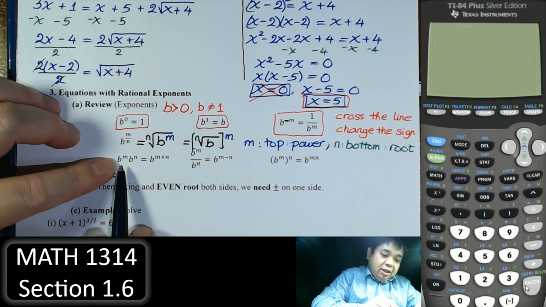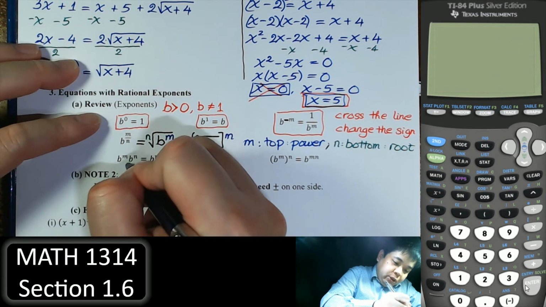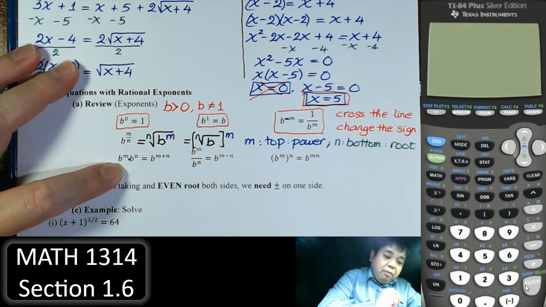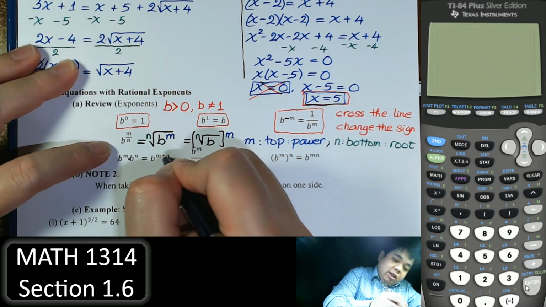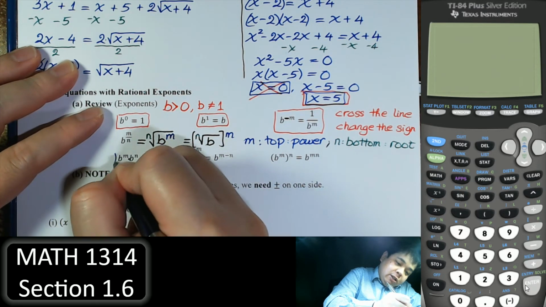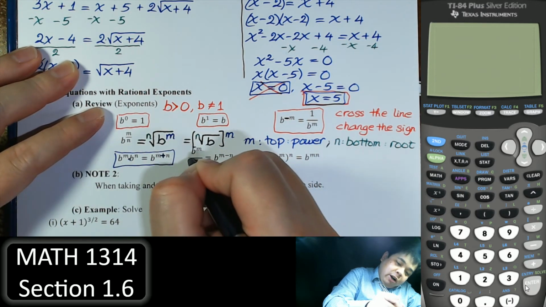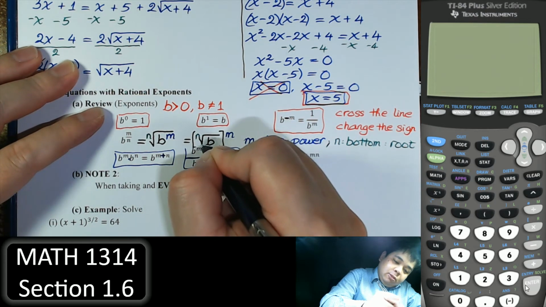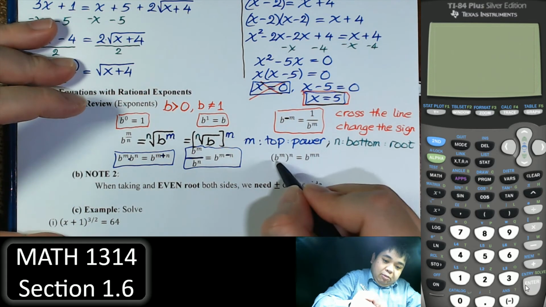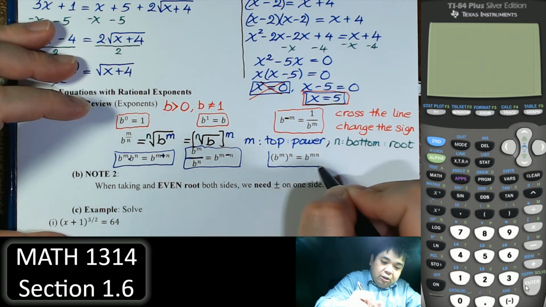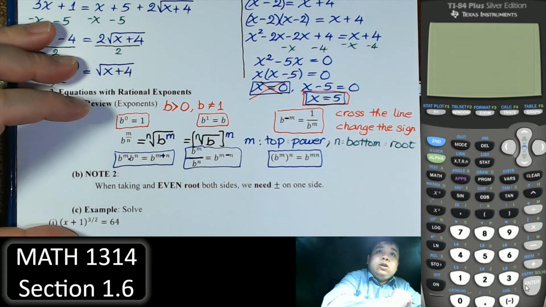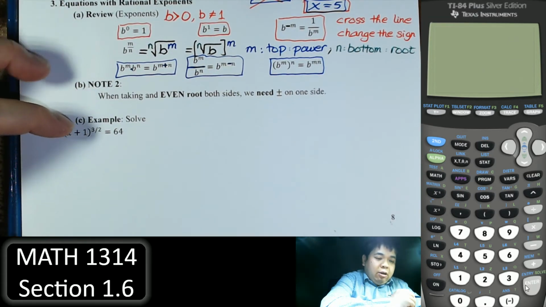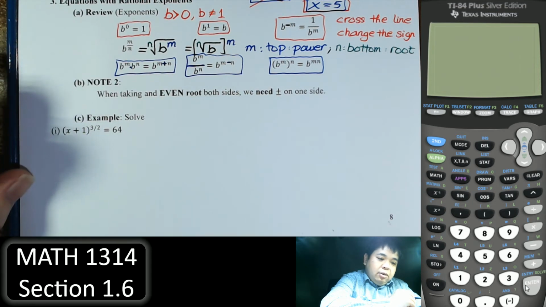And then next, when we multiply two terms with the same base, we just simply add the exponents. If we divide, we subtract, and a power to another power, just multiply them. Right, now let's look at the first equation here.